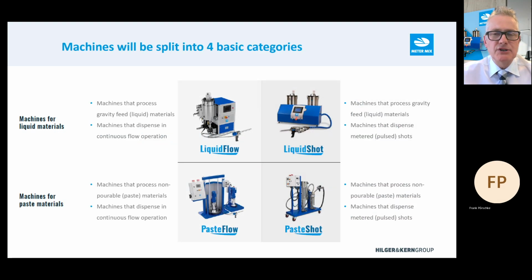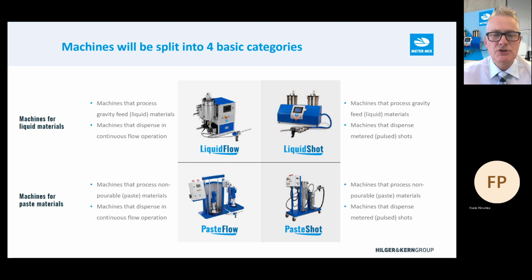So what we've decided to do is the original naming for the machines was always PAR. So all of the machines in the Metermix range were beginning with PAR, PAR 3C, PAR 30, PAR 50. What we've decided is that nobody really understands what PAR means.